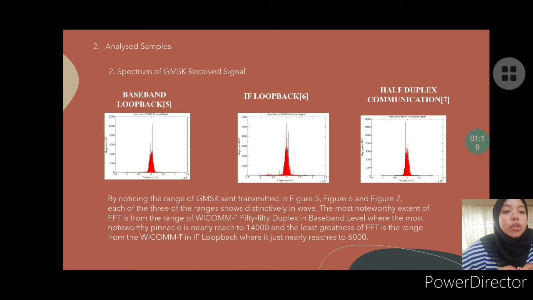The highest magnitude of FFT is from the spectrum of the half duplex in baseband level, where the highest peak nearly reached 14,000, and the lowest magnitude of FFT is the spectrum from the IF loopback, where it only nearly reached 6,000.